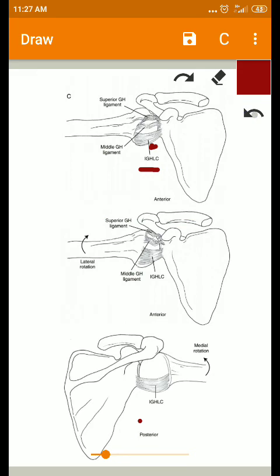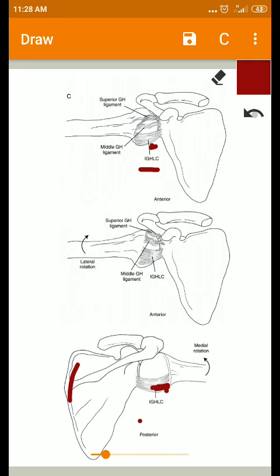Now what happens if humeral abduction along with medial rotation is added? Then the posterior band, so this is the posterior aspect of the scapula, the posterior band of the inferior glenohumeral ligament complex fans out and provides posterior joint stability and resistance to posterior humeral head translation.